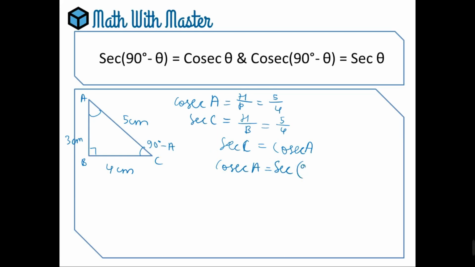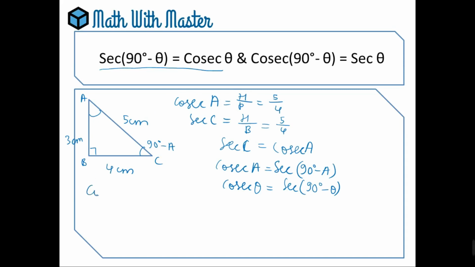We can write it as 90 degrees minus A. So cosec A is equal to sec(90 degrees minus A). Now we make angle A as theta, then cosec theta is equal to sec(90 degrees minus theta). We have assumed angle A as theta and derived this formula.